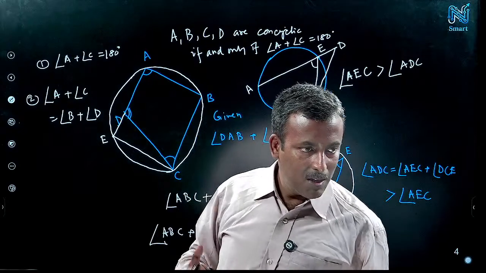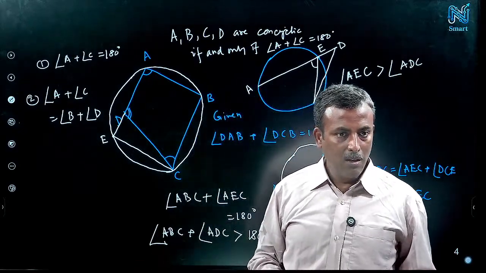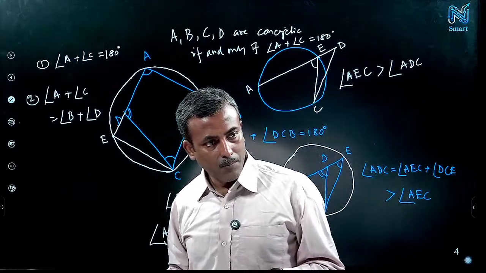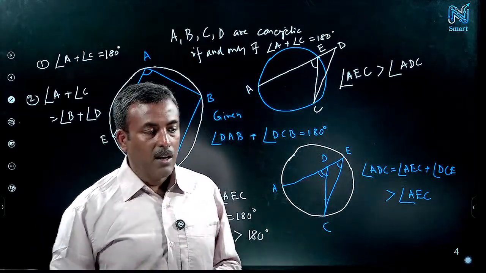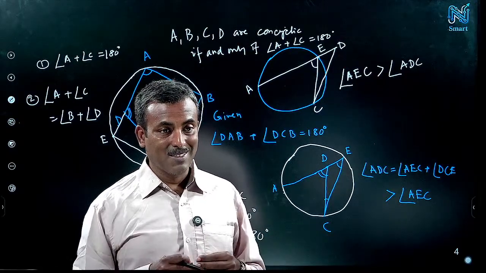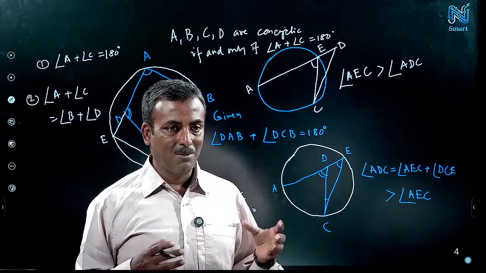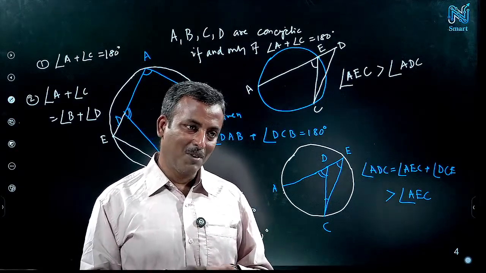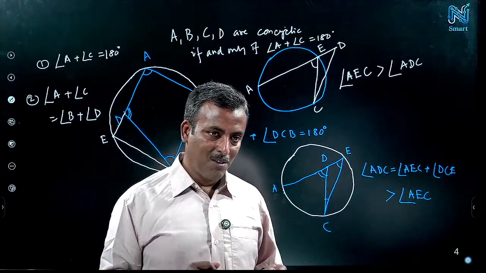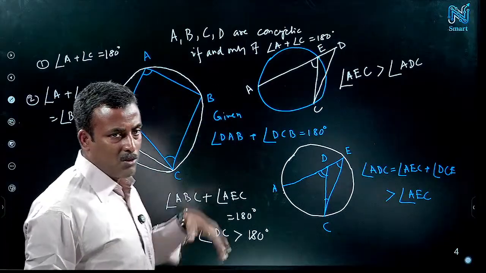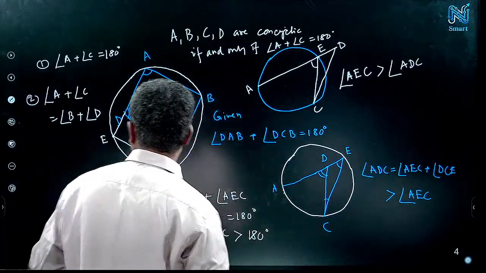We say ABCD is concyclic if the sum of the opposite angles is 180, and we can say in a different way, ABCD is concyclic if the sums of the two different opposite pairs are equal. Okay, clear? Why say it like that, we will see in the next discussion.